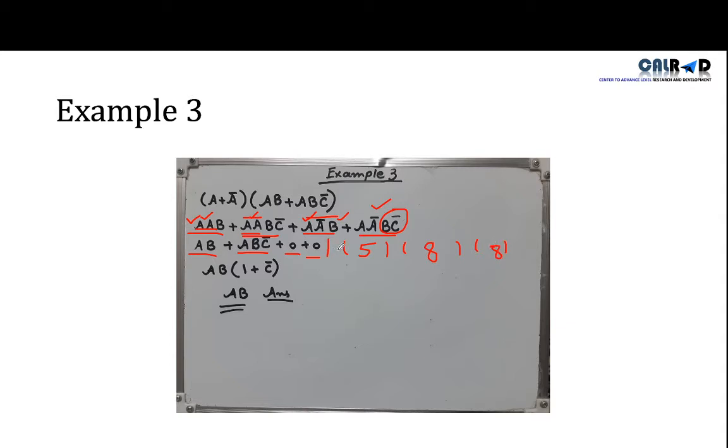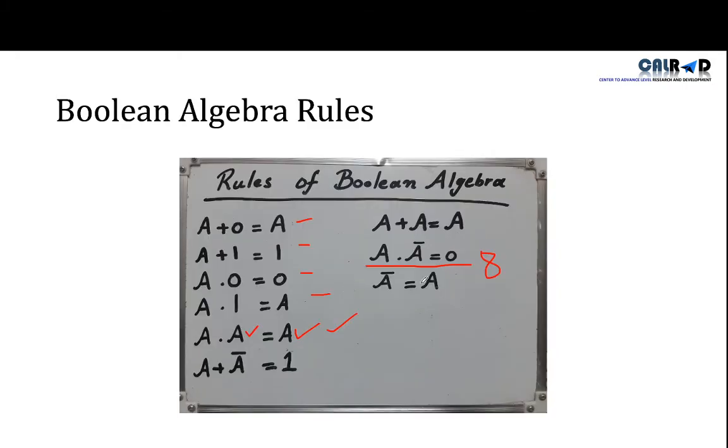So in this equation we used our rule 5 two times and our rule 8 two times in order to solve it. Now we will do further simplification. How? We can take AB common from this. If we take it common, the remaining will be 1 plus C dash, and here we again apply rules: one for changing C bar into C, and another for 1 plus C. As you can see that A bar is equal to A, so what will C bar be?